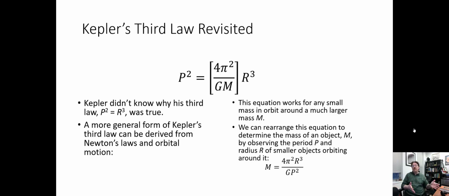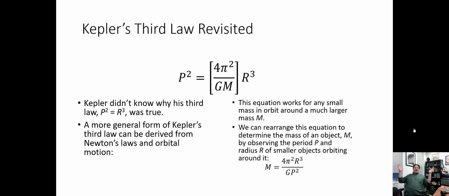So the moon, or Jupiter, for example, if we look at the Galilean moons, we can take the period of Io's revolution, and we can determine how far away Io is from Jupiter, and we can determine the mass of Jupiter, because Io's mass is essentially insignificant to Jupiter's mass.